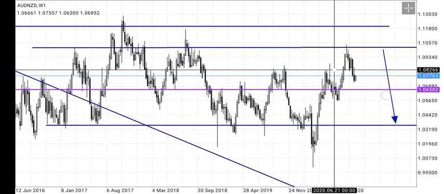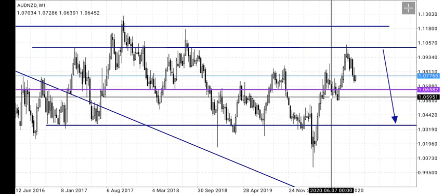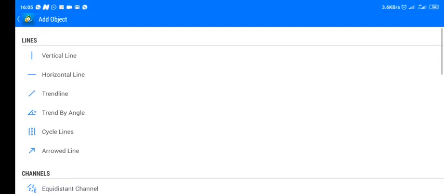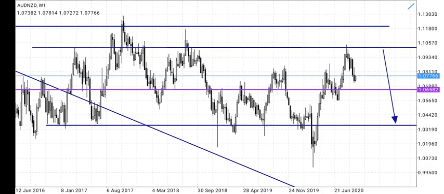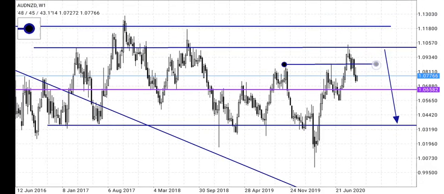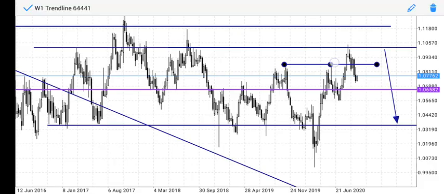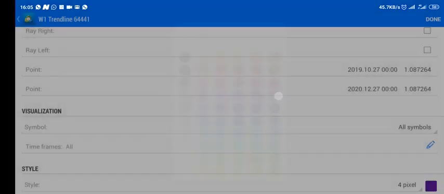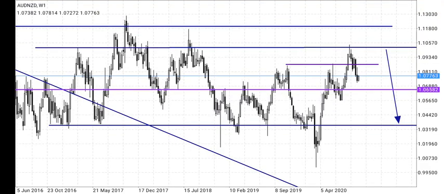So price got to this point. So let's see. Okay, let me change the color for the weekly time frame. Let me use this color.